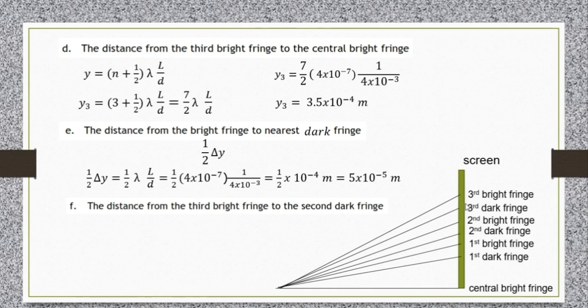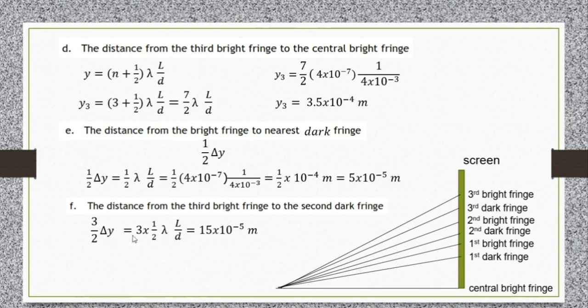So from the third bright fringe to the adjacent dark will be a half lambda L over D. So this one will be 1, 2, 3, 3 times a half delta y, yeah?